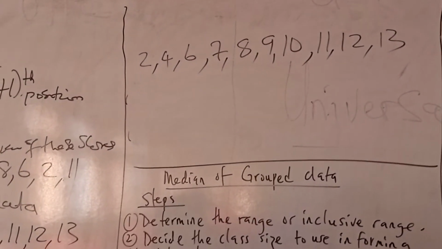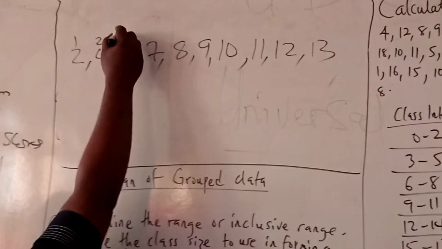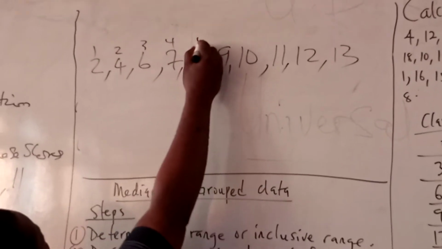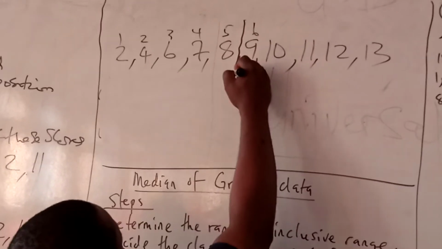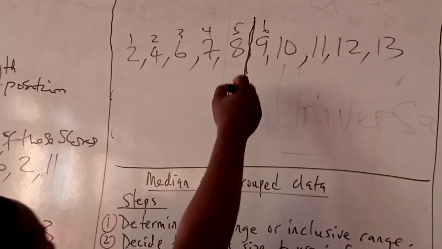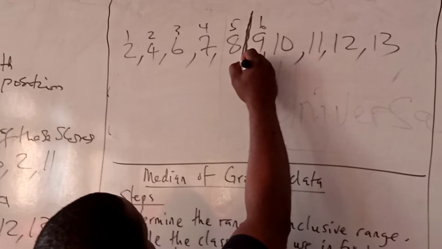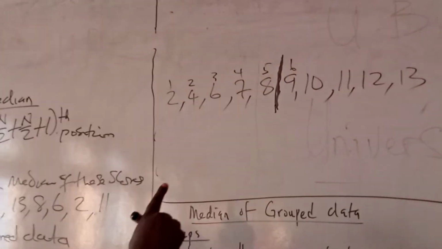Now, to identify the score occupying that position: 1, 2, 3, 4, 5, 6. Now, remember, this is the point. This is the median, but there is no score there. This is the point that divides the data into 2 equal parts, but there is no score there.